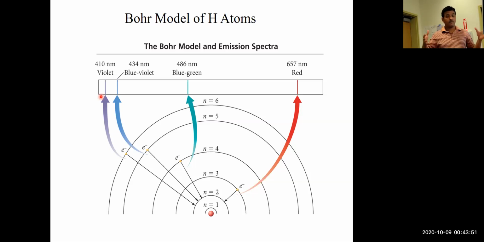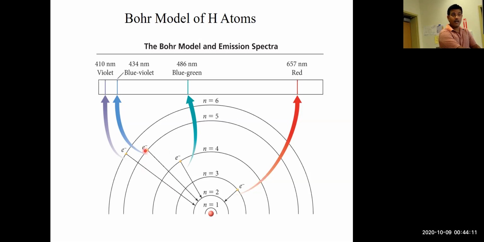But outside of these 400 to 700, there are many other possible wavelengths that are still happening, but we just cannot see them. So another combination that we see is 434. Let's see why it happens. When an electron goes to N5, it will go to every possible state and come back to every possible state.